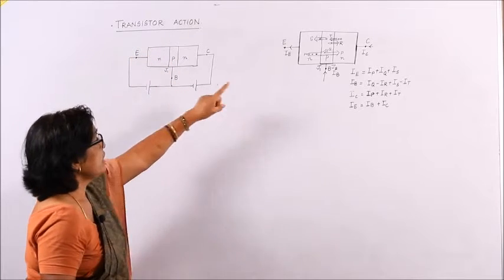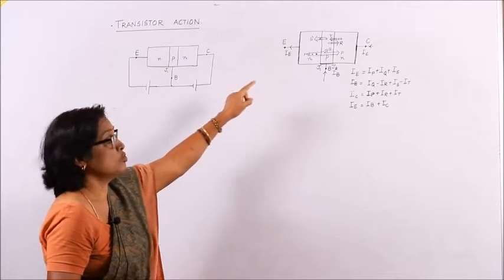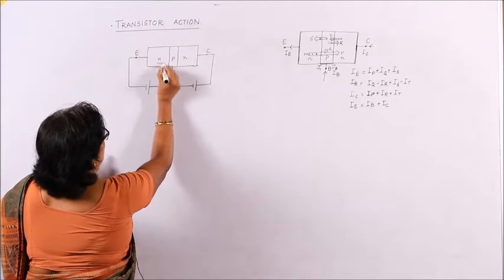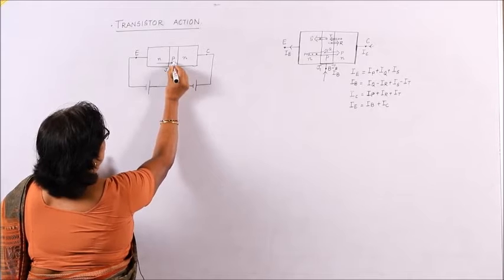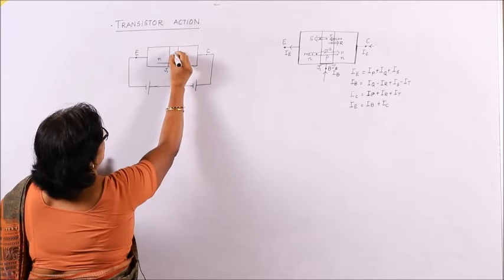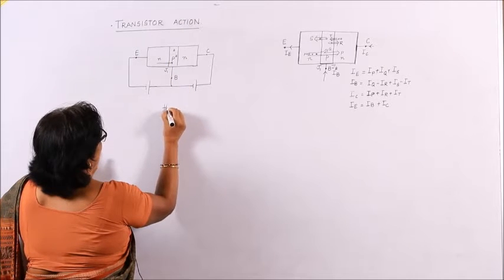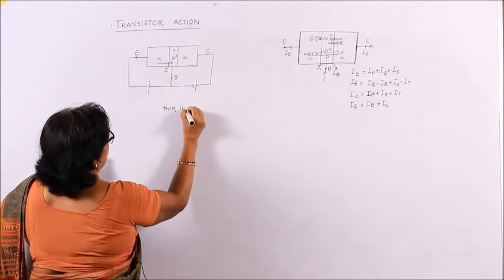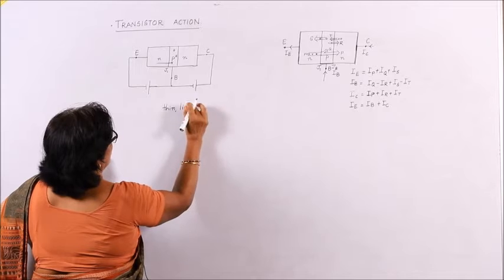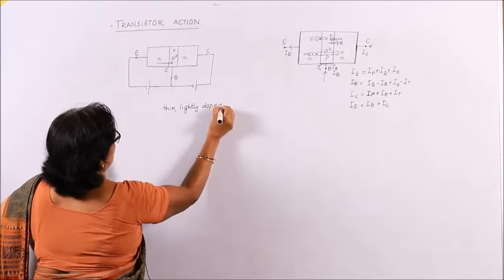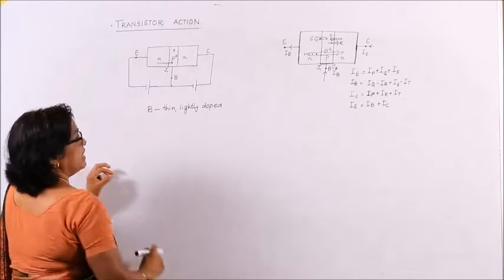So, let us say p plus q amount of electrons. If a certain number of electrons go from here to here, some of them will combine here in the p region. The p region has some holes, but the base region is thin and lightly doped.